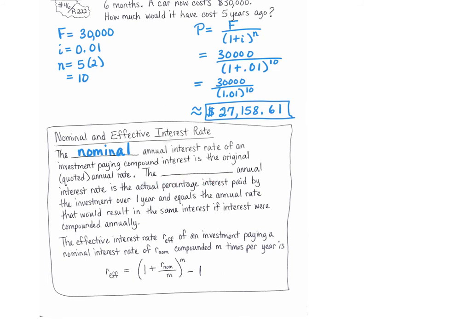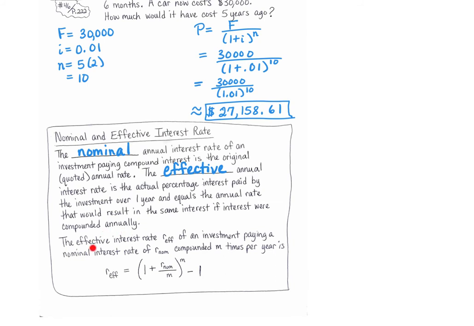The effective annual interest rate is the actual percentage interest paid by the investment over 1 year, and it equals the annual rate that would result in the same interest if interest were compounded annually.